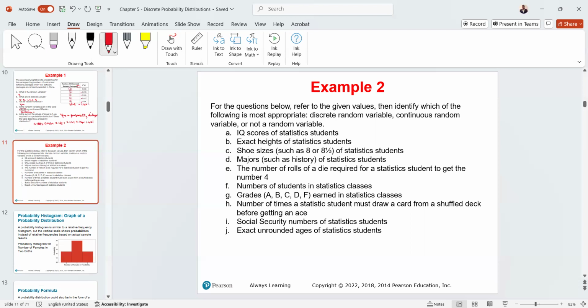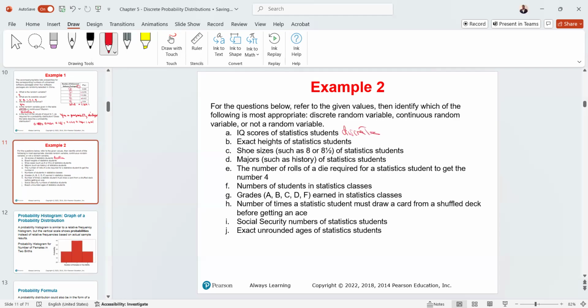What type of numbers do we have? Let's check it, because IQs are usually 120, 99, so you can expect this one to be definitely a discrete random variable.